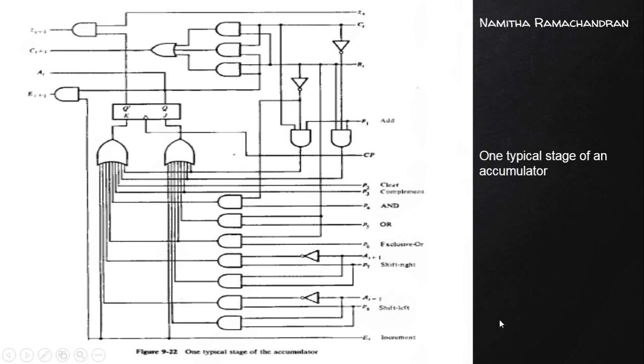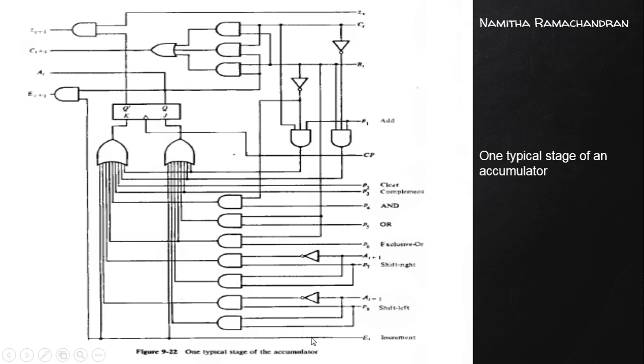Next one is for shifting operation, Ai plus 1 and P7, which is given to this OR gate. Next is Ai minus 1 P5, which is again given to this OR gate.